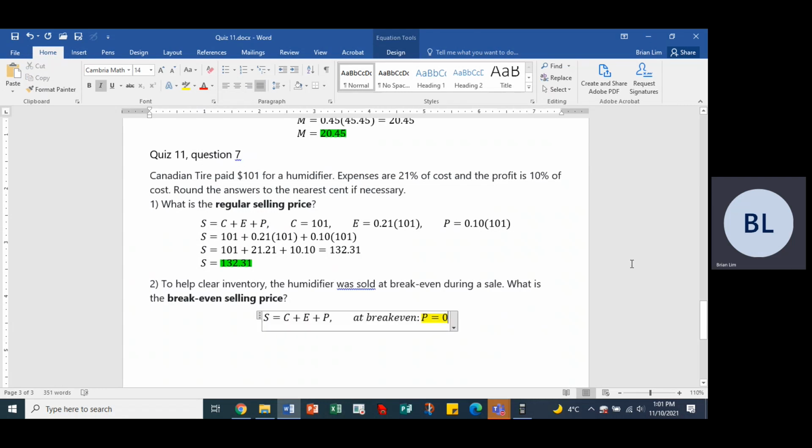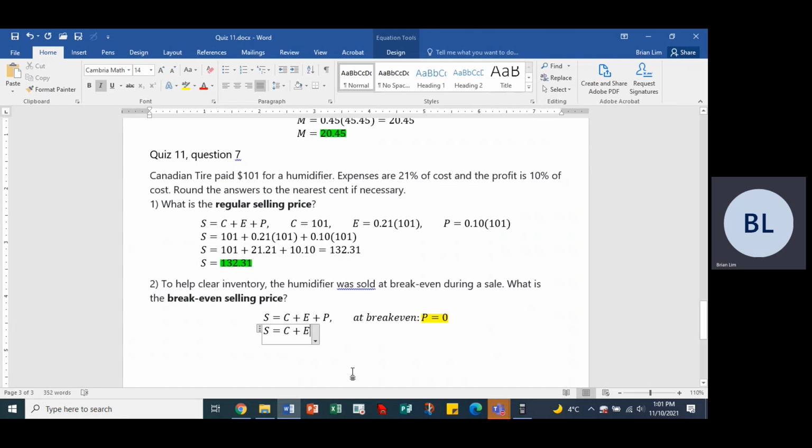So let us go down here. What would we have? S is equal to C plus E. Correct? Good. Now we know what the cost is. We know the cost right up here is indeed 101. Expenses is this amount right here, 21.21.